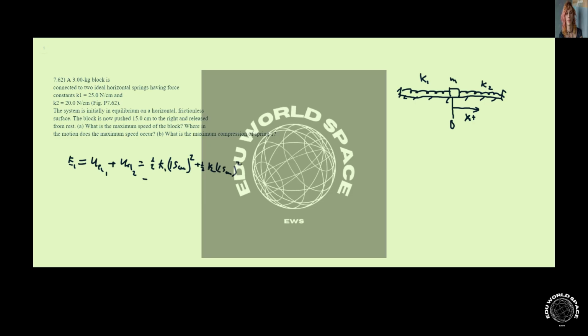So that's going to be equal to simply 1/2 times 15 centimeters squared, which I'm pulling out, and we're just left with K1 plus K2. Following our units, these are newtons per centimeter, this is centimeters squared, so multiplying those together we get newton centimeters.